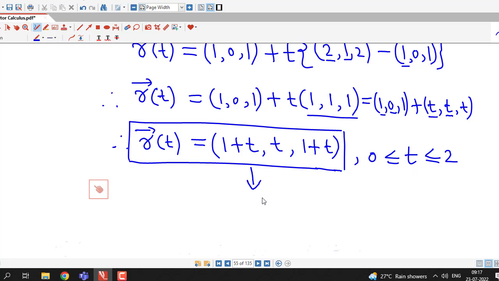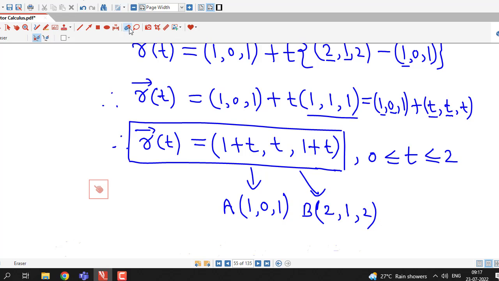And we can verify by taking t equal to 0 and 1 also. Suppose I put t equal to 0, I will obtain (1, 0, 1), that is my point A. Similarly, if I take t equal to 1, I will have 1 plus 1, that is 2, then t equal to 1, then 1 plus 1, 2. So here I obtain (2, 1, 2), that is point B for t equal to 1.